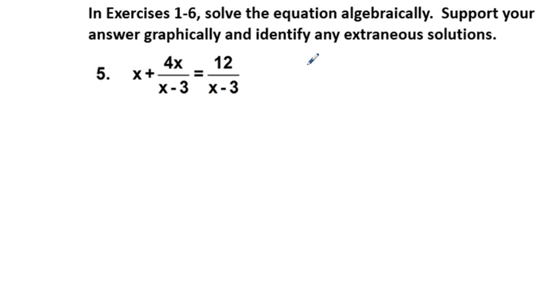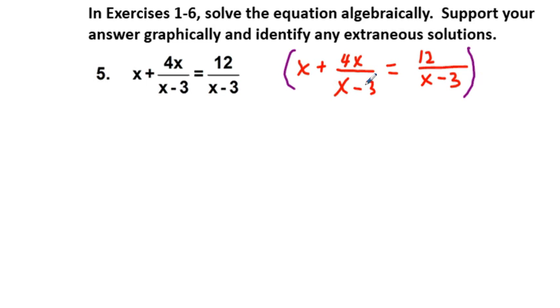So I'm going to rewrite this equation. x plus 4x over x minus 3 equals 12 over x minus 3. And we're planning to clear out our denominator, and to do that, we multiply by this common denominator, which is going to be quantity x minus 3.